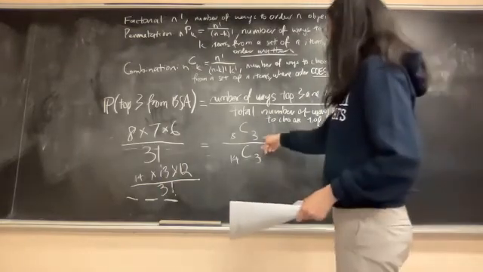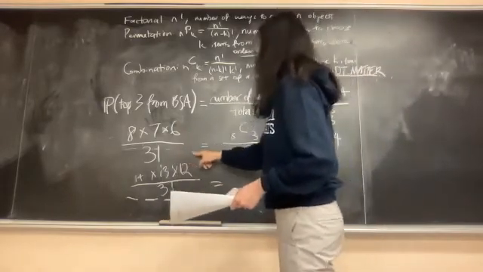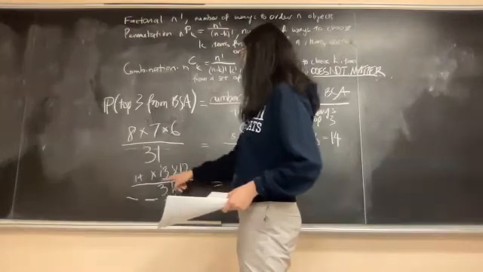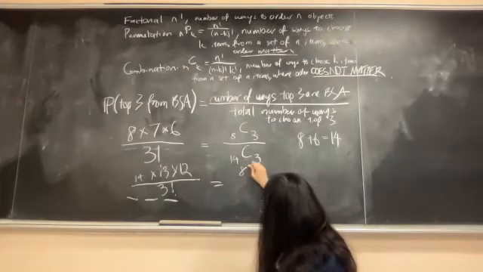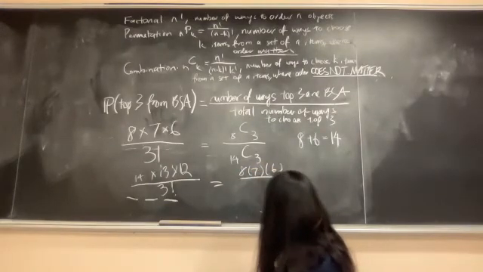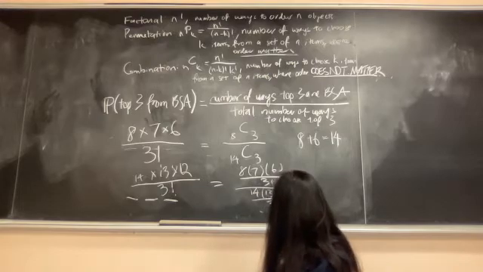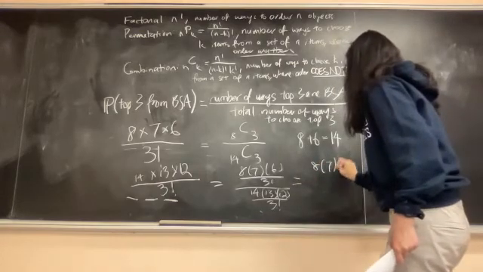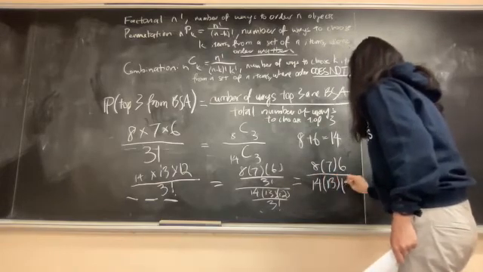So over here, we get exactly this, right? So this equals 8 times 7 times 6 divided by 3 factorial, divided by 14 times 13 times 12 divided by 3 factorial. If I write this all out, it'll be 8, 7, 6 divided by 3 factorial, divided by 14, 13, 12 divided by 3 factorial. This equals 8, 7, 6 divided by 14, 13, 12.